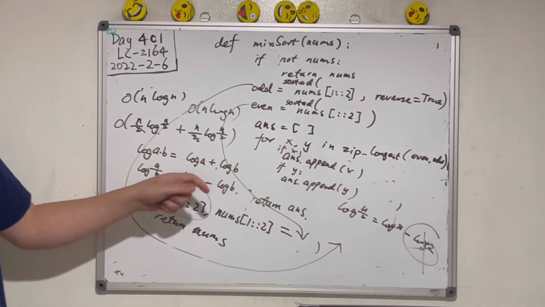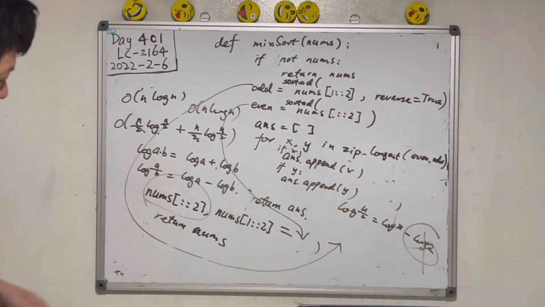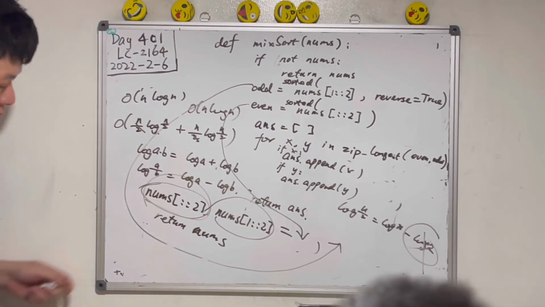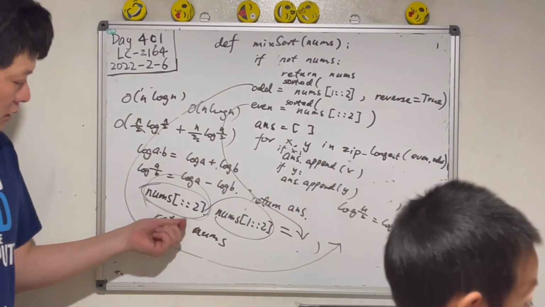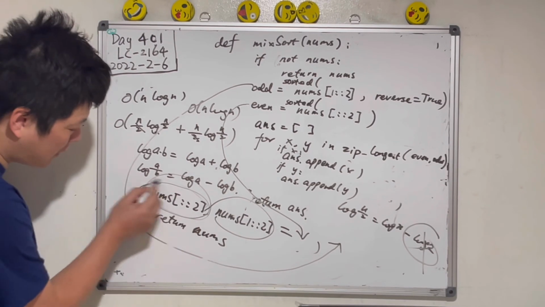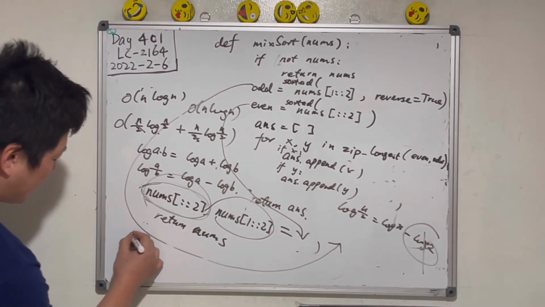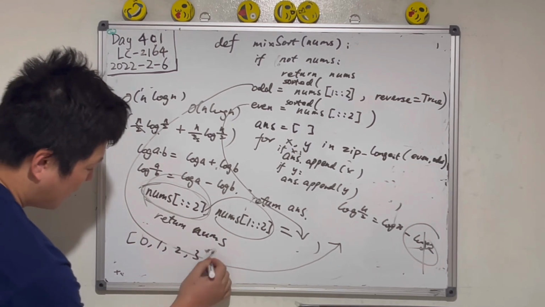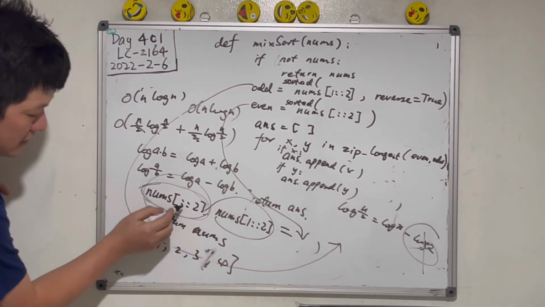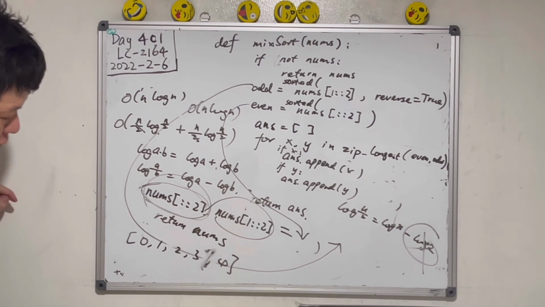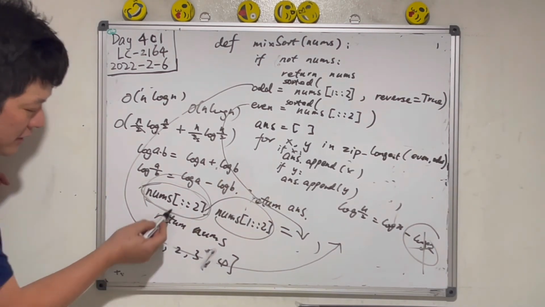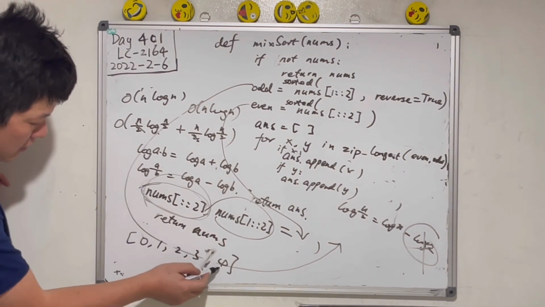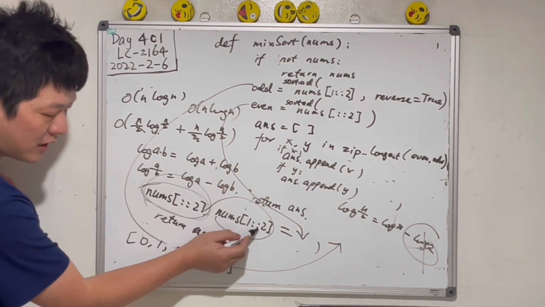One more thing. What is this syntax? Odd and even. The nums is this one: 0, 1, 2, 3, 4. Can you tell me which numbers nums[::2] is? 0 to 4, every other one. And nums[1::2] is 1 through.